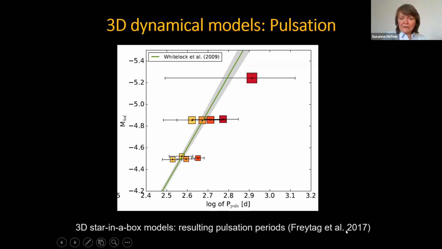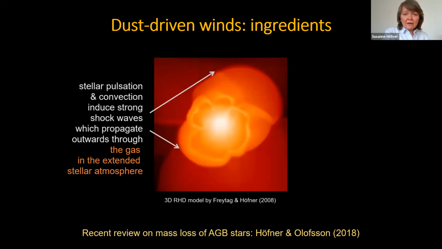I should also point out this is work from several years ago, and we have a much larger set of models right now, and there is a paper in preparation analyzing them. But in a nutshell, these new models also fit very well on the observed relations. So we really see self-excited pulsations going on in these models.